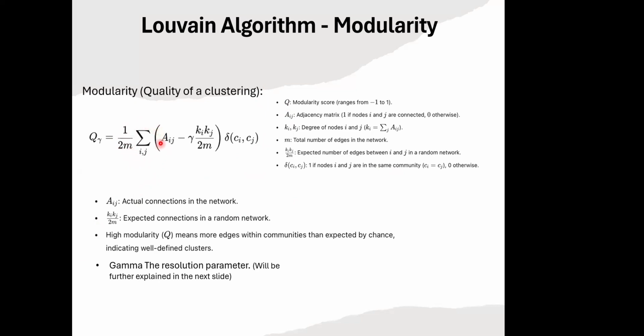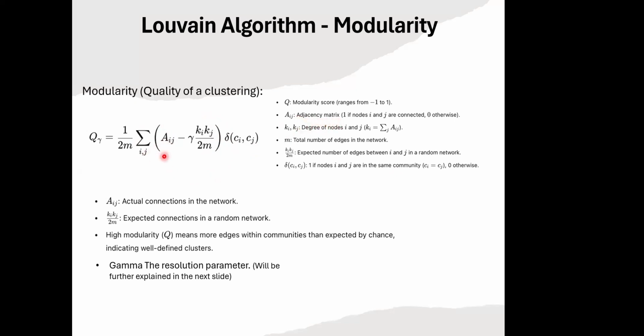Then we are summing over a term times an indicator. I will explain the indicator briefly, but I will focus mainly on this term. So we are summing over all the edges. Aij is the edge between two nodes, i and j, as right here. This is the ij cell in an adjacency matrix.